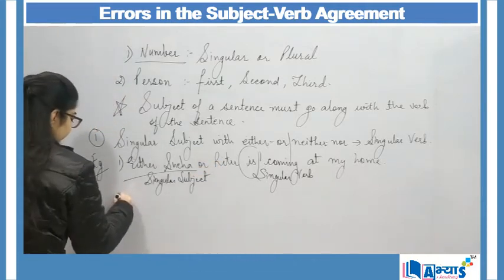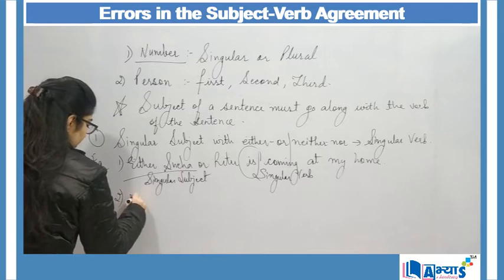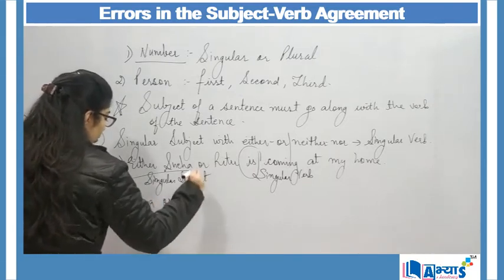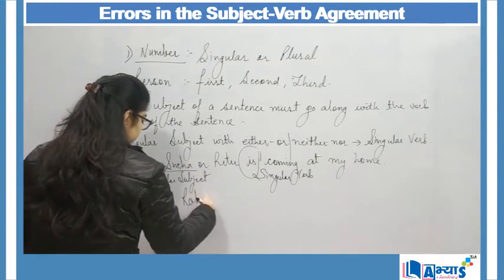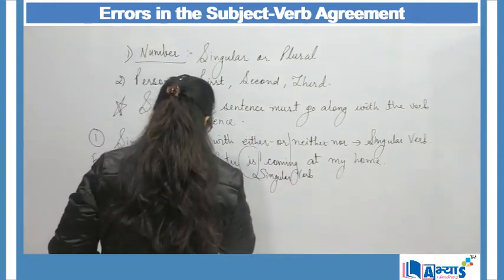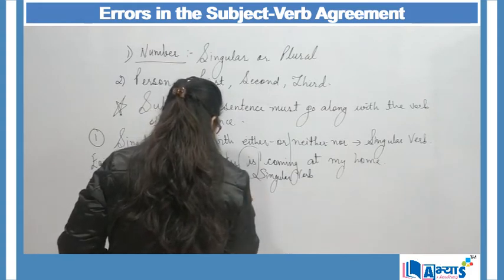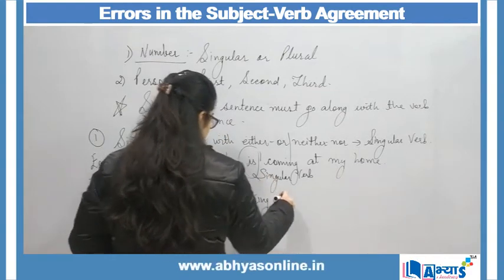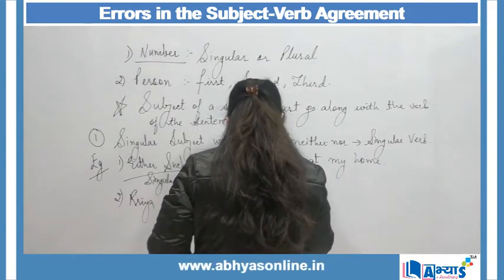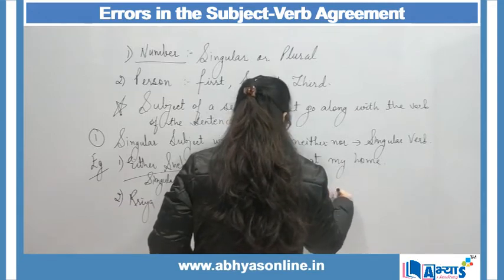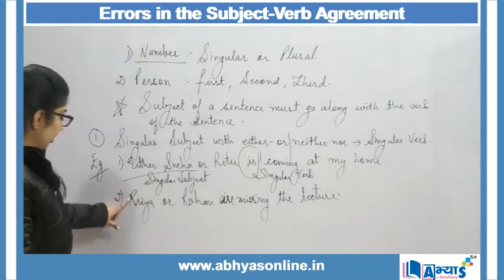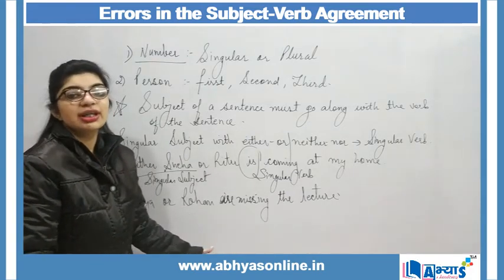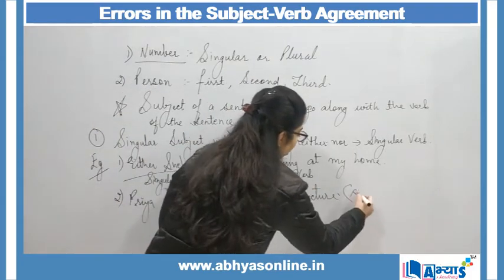If I say Priya or Rohan are missing the lecture, here my sentence is grammatically wrong. Why?